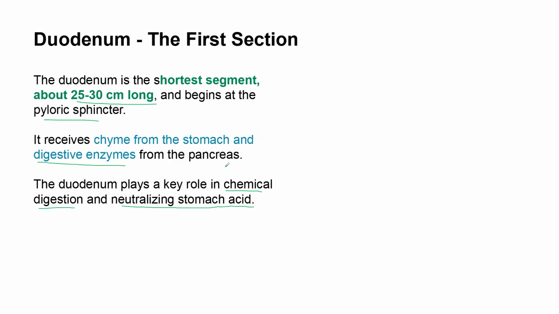At this point, the pancreas can also produce enzymes, such as lipases and maltase, that are released into the duodenum. So the duodenum receives digestive enzymes, and then it digests the chyme received from the stomach using the enzymes. That's why it undergoes chemical digestion, because it uses enzymes from the pancreas to digest the food.